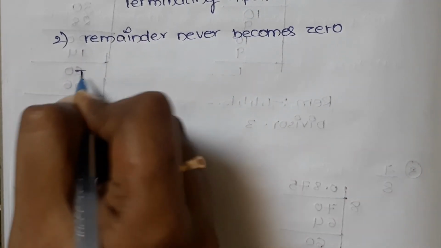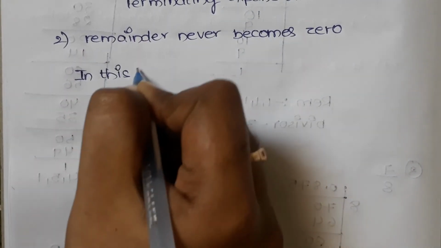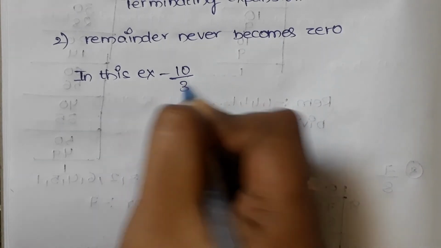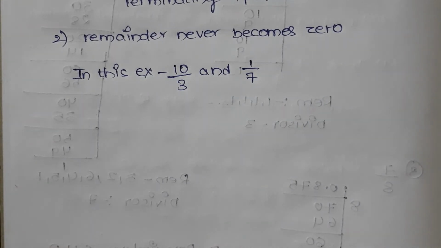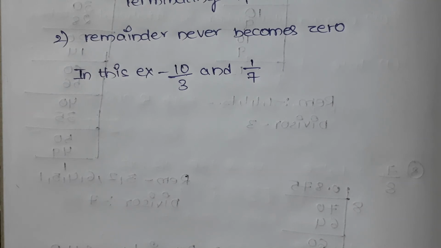And in the examples 10 by 3 and 1 by 7, we get the remainder repeated after certain steps, and the decimal expansion goes on and has a repeating block of digits in the quotient, and it is called a non-terminating expansion. A non-terminating expansion is one where the division does not terminate and goes on repeating blocks.